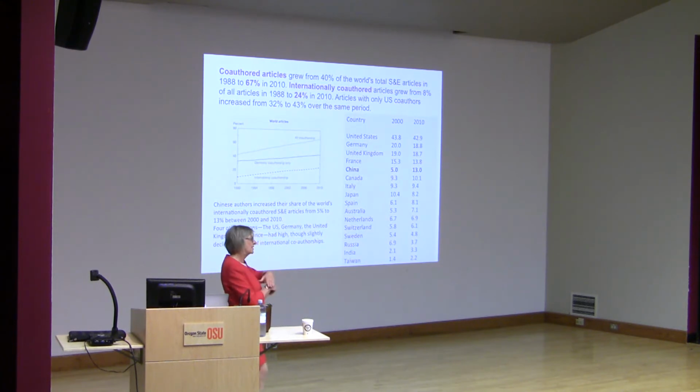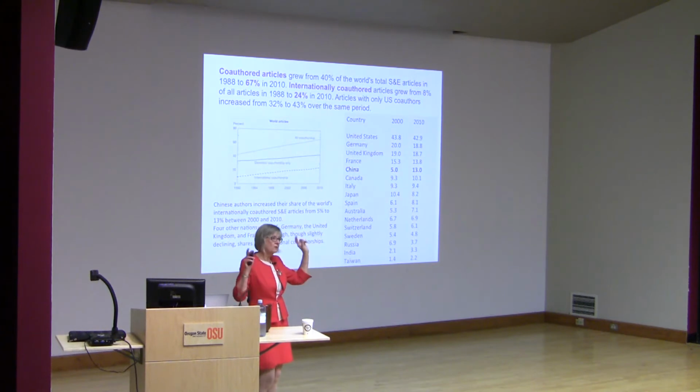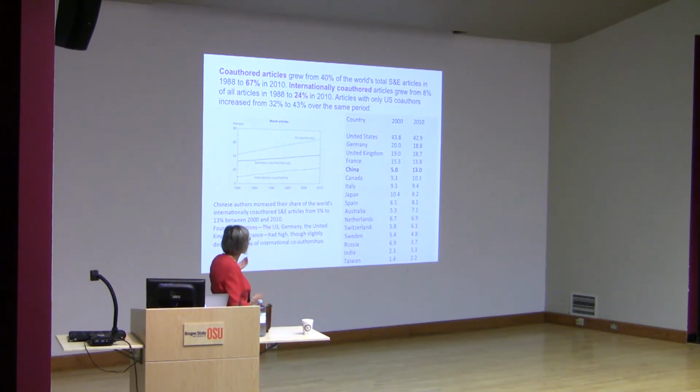So basically you see a steady increase in what I would call team science, with groups of people from different institutions coming together. And you can see this is true for all over the world, not just for the United States.